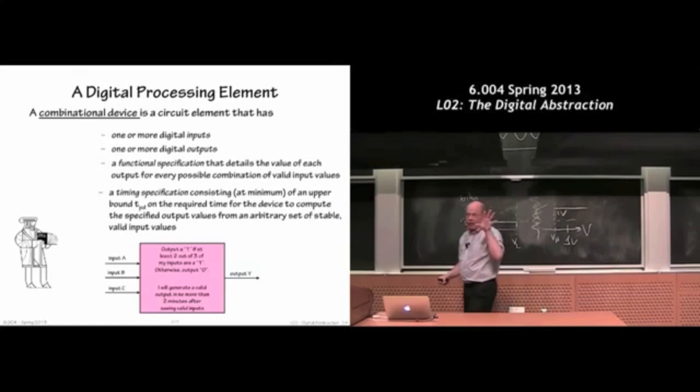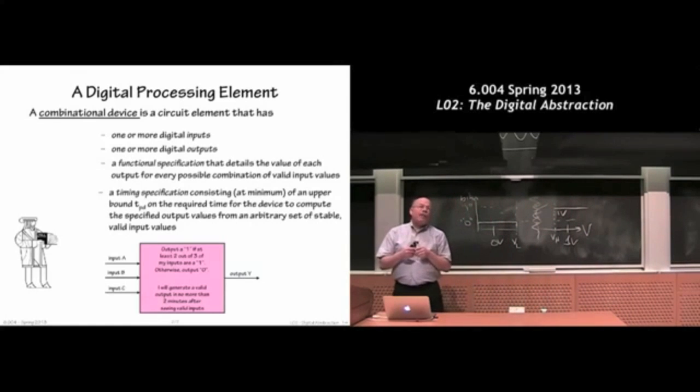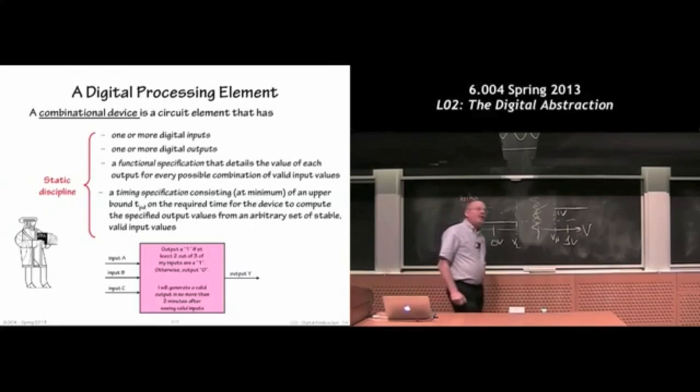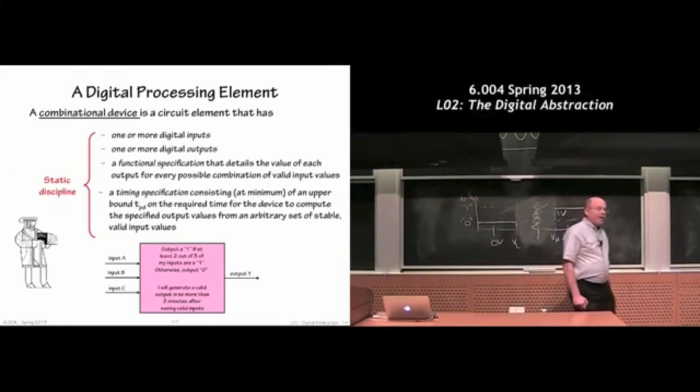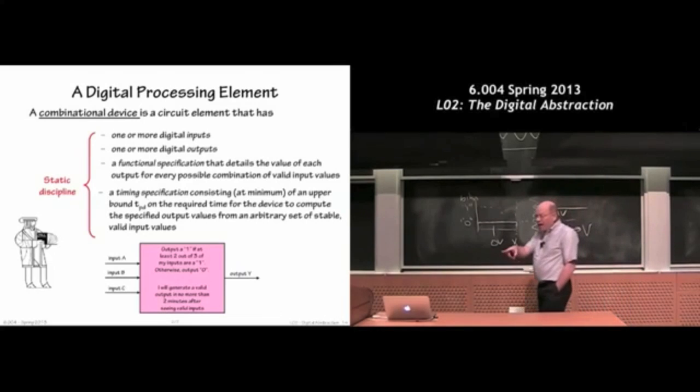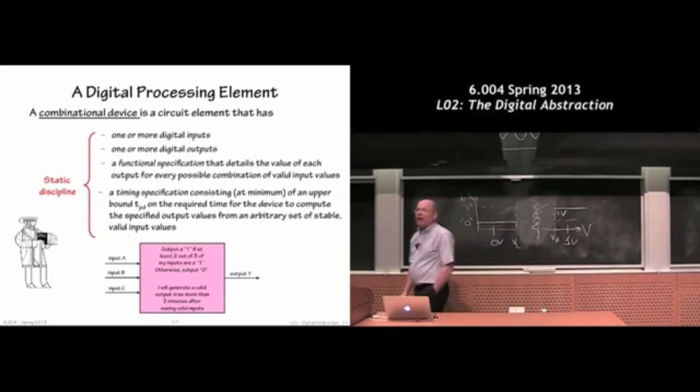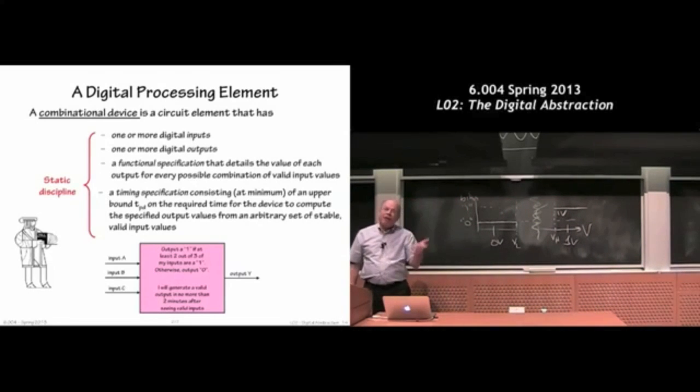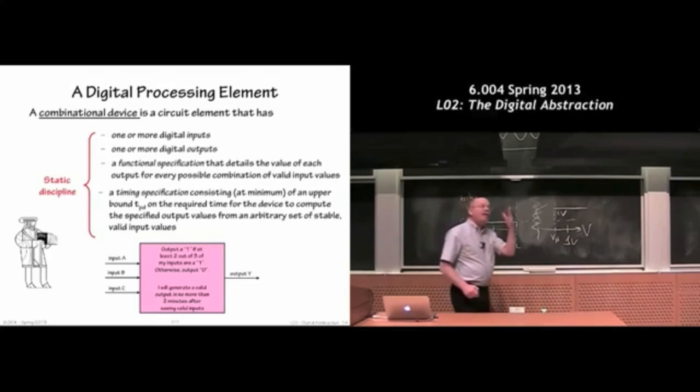In a digital sense, remain unchanging. Even though the voltages may be going up and down a little because of noise, they would still be a stable 0 or stable 1 according to this specification. Altogether we're going to call this the static discipline. I'll say static discipline a lot, and you'll know what I mean: these 4 criteria. Digital inputs, digital outputs, a functional specification, and a timing specification.